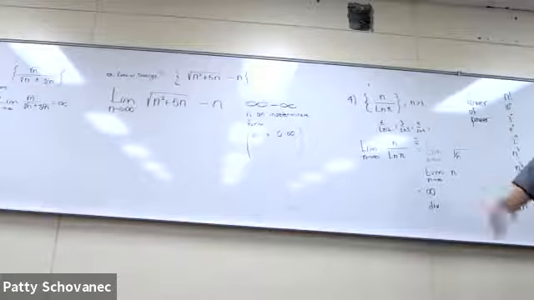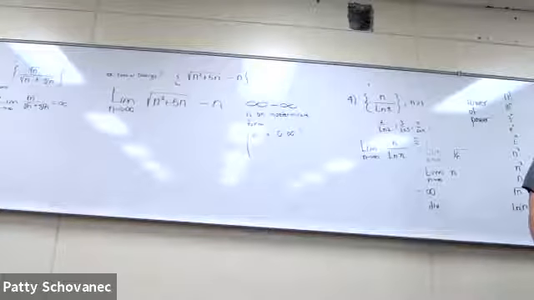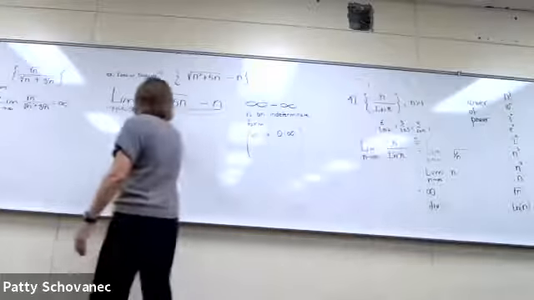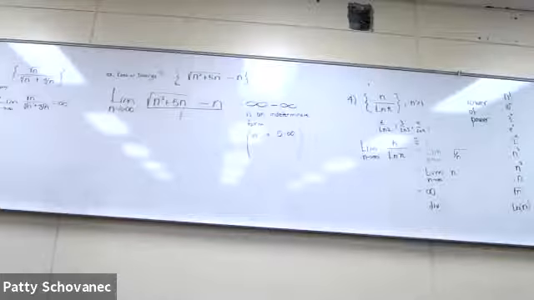How do I make a fraction out of the difference of two terms? Got the common denominator, made a fraction. I still have infinity minus infinity over 1.